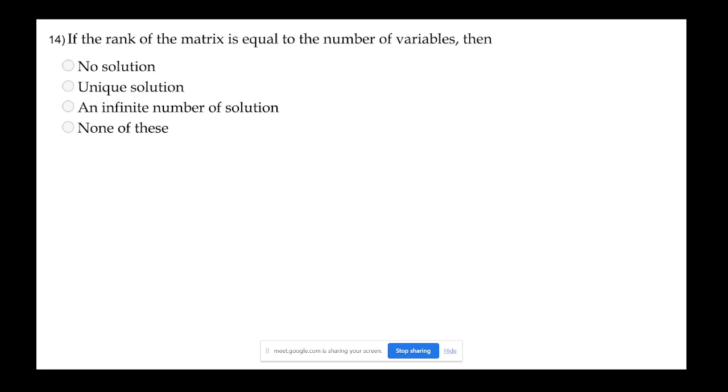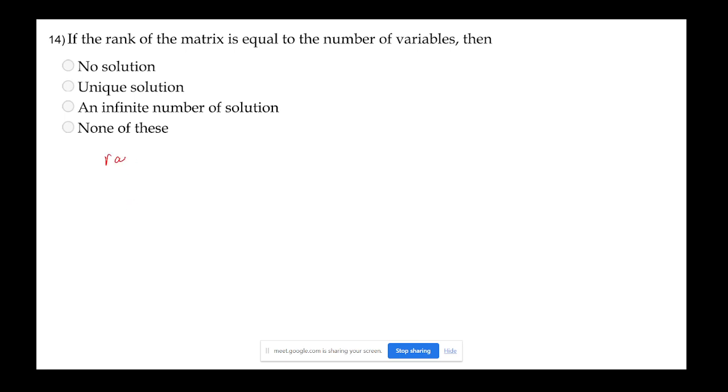Next question is, if the rank of the matrix is equal to the number of variables, then what does rank of a matrix mean? This is nothing but the way you solve any linear equation. So you convert it into the form of a matrix and you solve. So how do you do that?